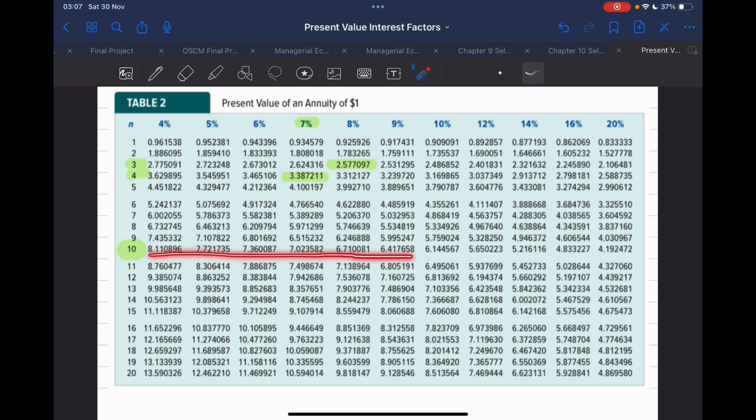It's 6.144 right here. I'm just double checking on my calculator if it's exactly the same. 6.144567. Yes, it is correct. So that means this is the rate of return that we're looking for. This is going to be our internal rate of return.